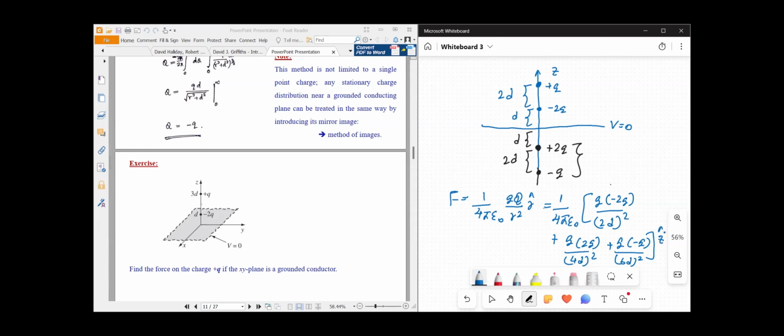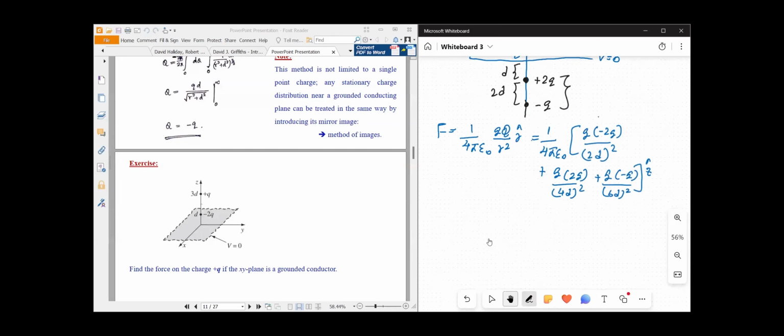So if you do the simplification for this one, you can get the answer. So we have 1 over 4 pi epsilon naught Q squared. Here it is 1 minus 1/4. Here it is plus 2/16.